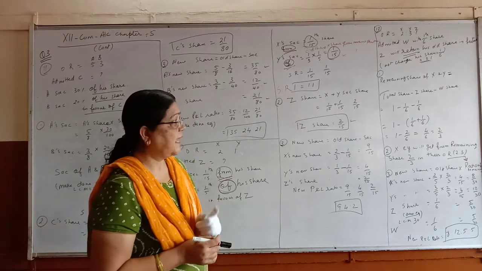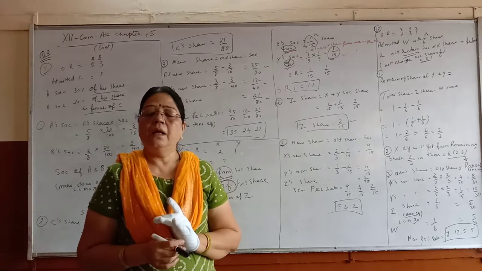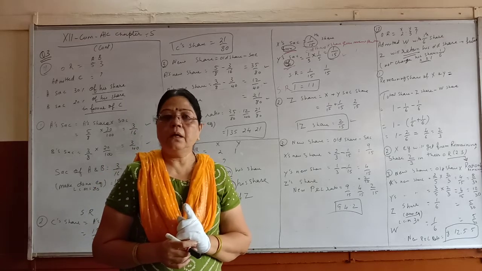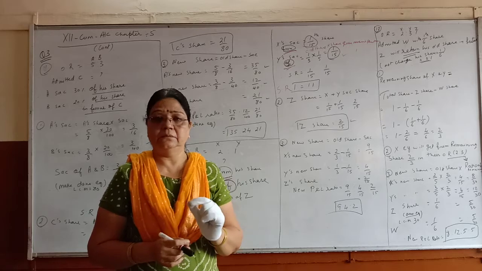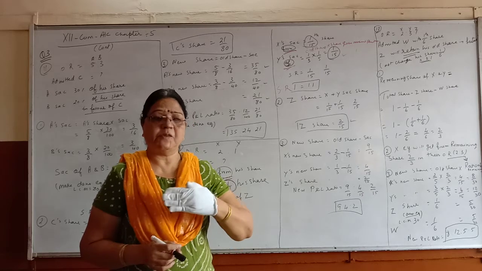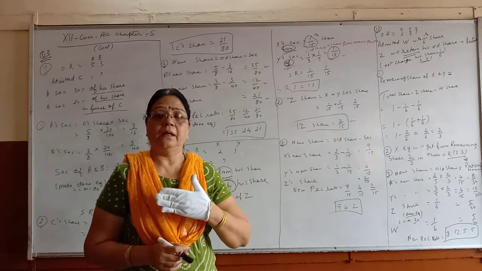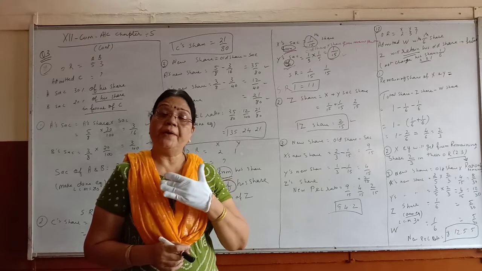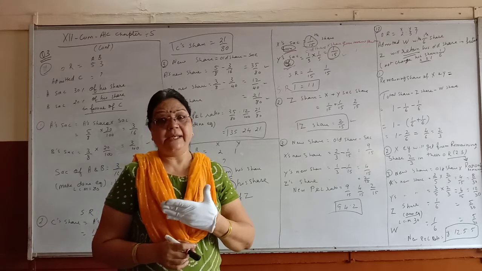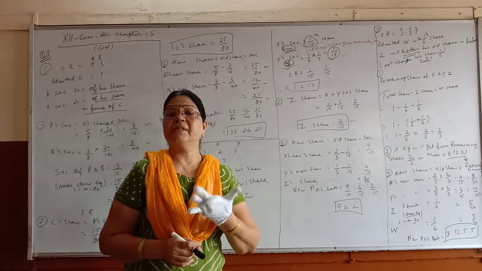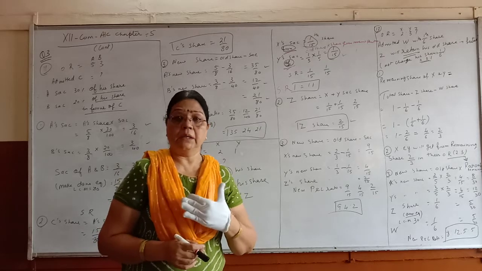So in this X, Y, Z, Z is the partner who retains. Retain means keeps. Retain means maintain the same old ratio. Don't want to change any ratio. Don't want to sacrifice any part.